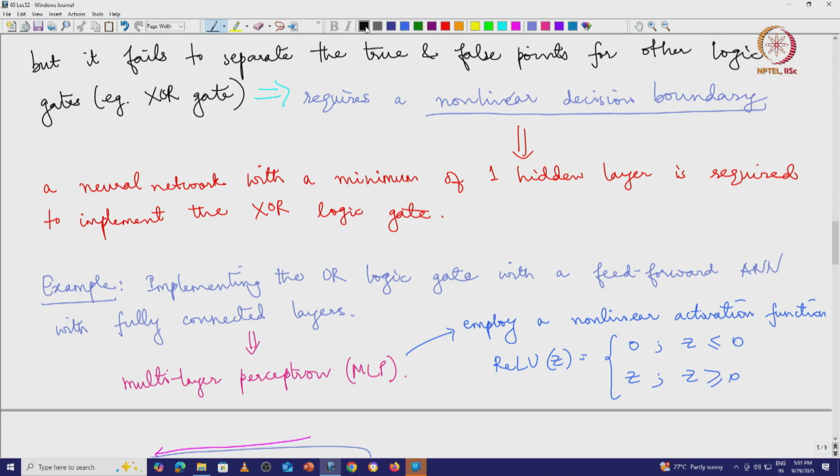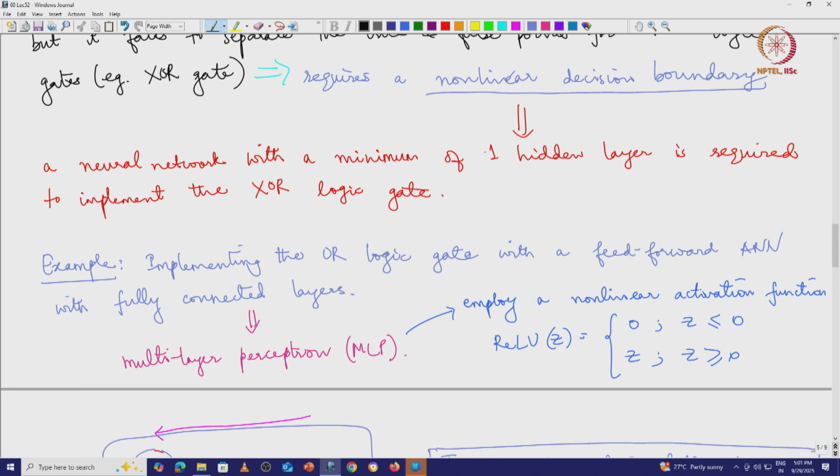And if you remember, in other words, you can simply write this as max of 0 comma z. That is how you can represent the ReLU activation function. So let us go ahead and see how we can implement the OR logic gate with a multi-layer perceptron involving the ReLU activation function.